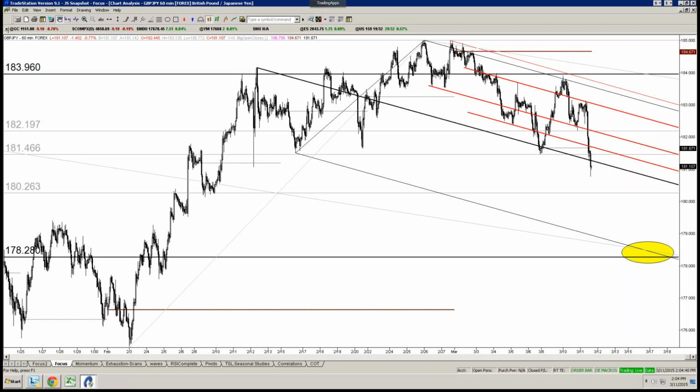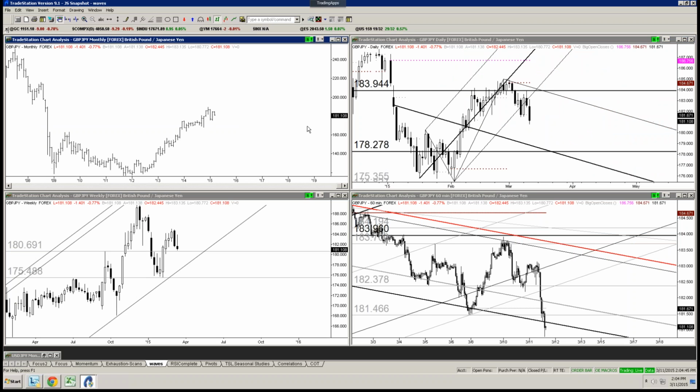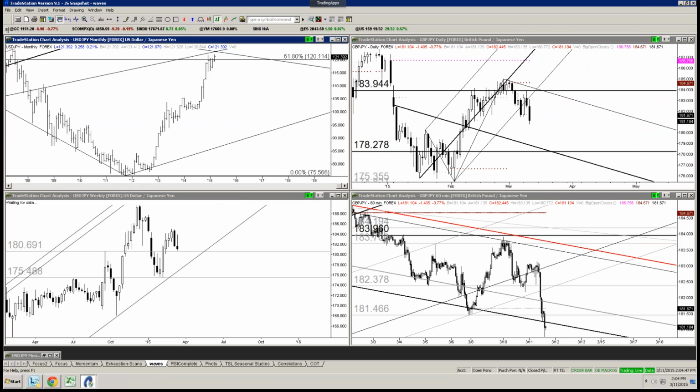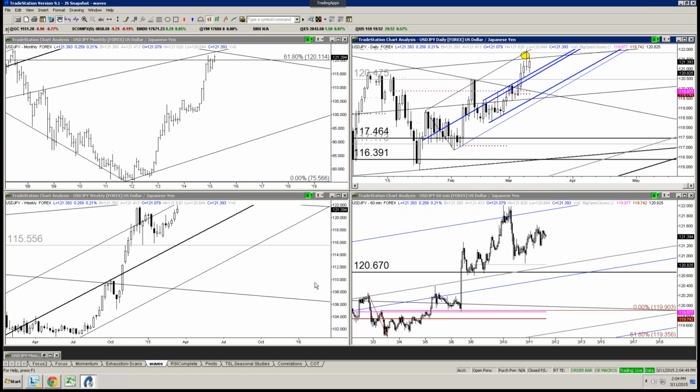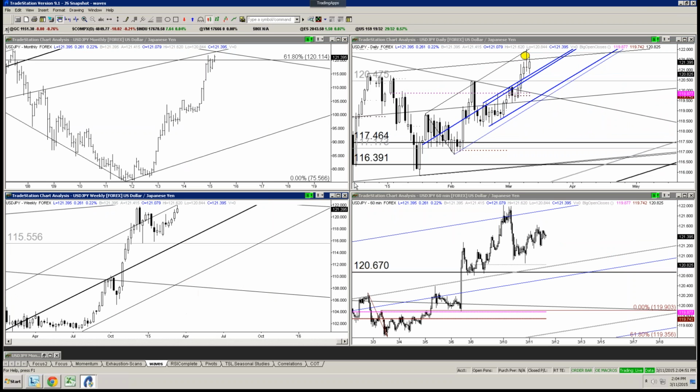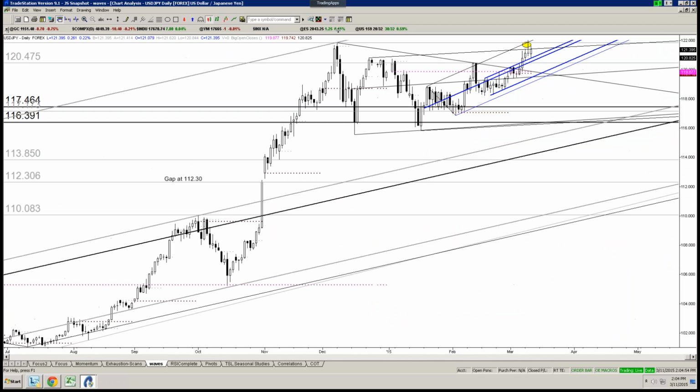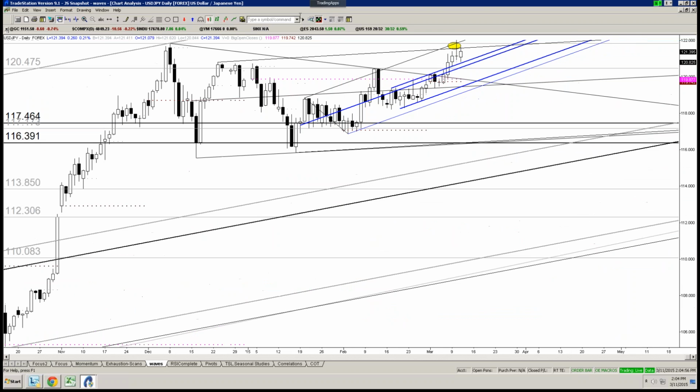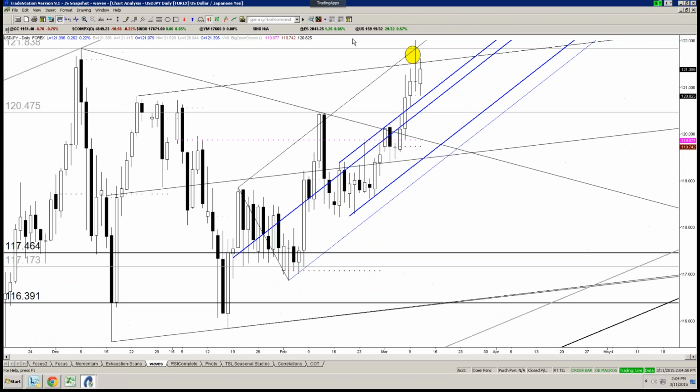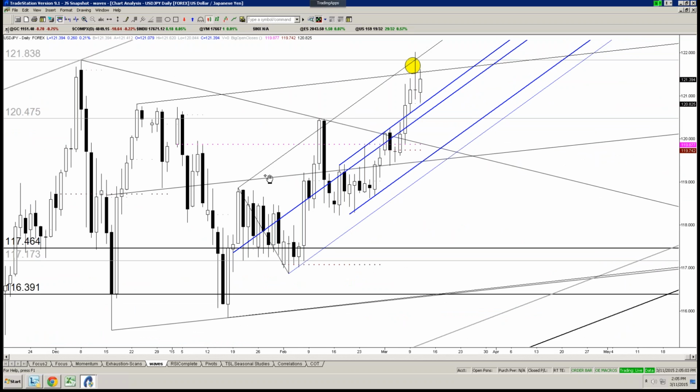The Big Pedro asked, the big resistance up in dollar yen. I'm not sure if you're referring to the fact that we're at resistance now, basically, right? We've got the confluence of this, as well as the upper parallel here.